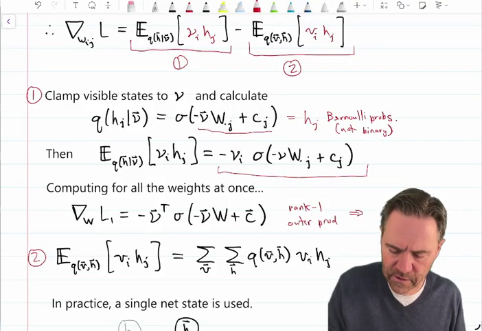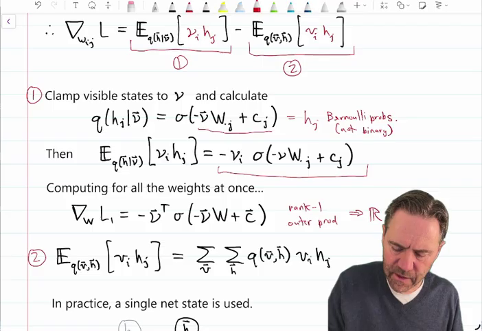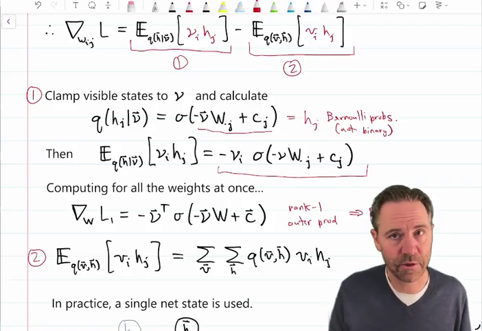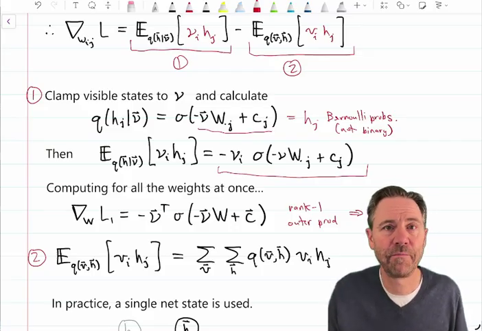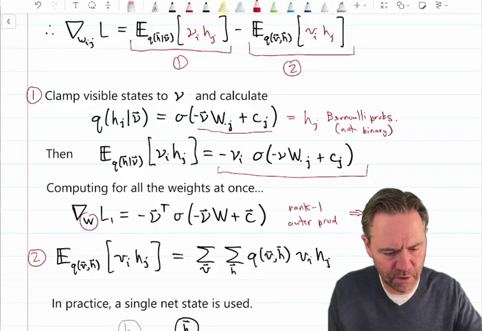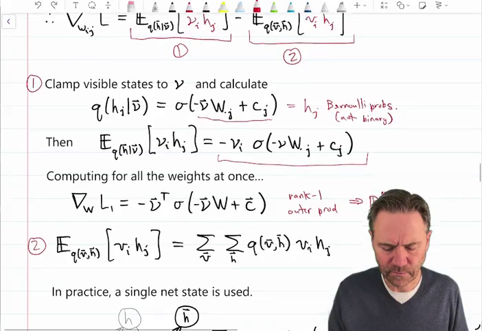And it's going to give us a matrix that's M by N. That's the same size as W. Okay, I'll let you sort that out. But it should be, because it's the gradient of L with respect to W. So it better be the same size as W, because we're going to be adding it to W later on.